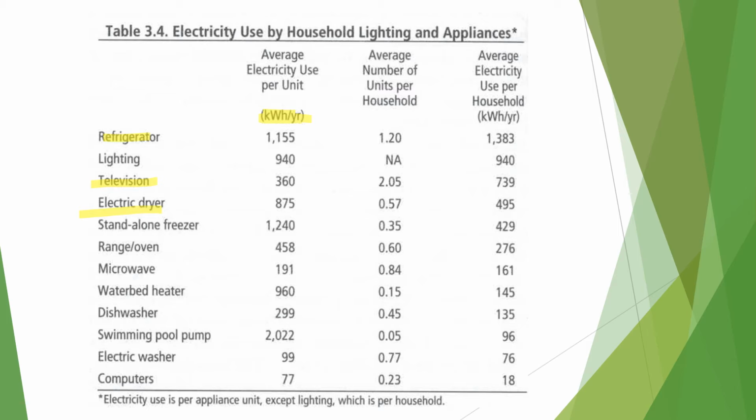And then in the second column we have the average number of these per household. So the average number of TVs is 2. And then the average electricity use per household in kilowatt hours per year. Okay, total. So this would be the total. It's just to give you an idea as to how much energy is required to use these different appliances.